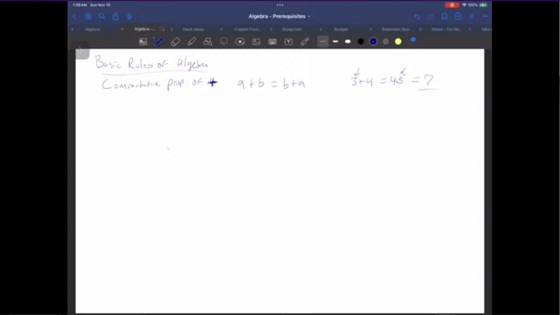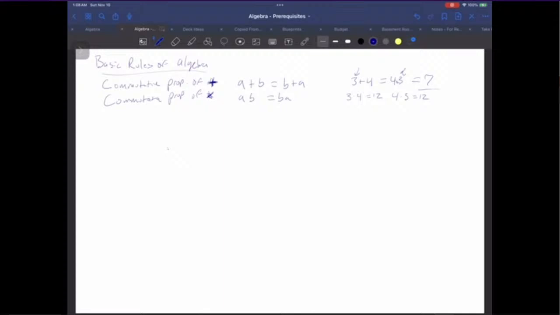Okay. The second property is the commutative property of multiplication. A times B is the same as B times A. 3 times 4 is equal to 12. 4 times 3 is equal to 12.